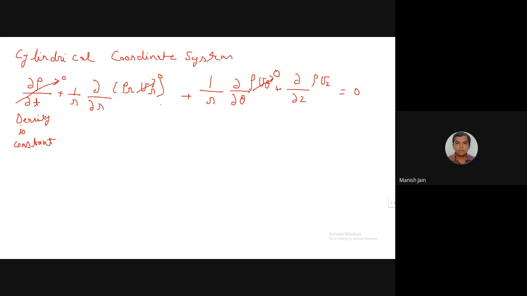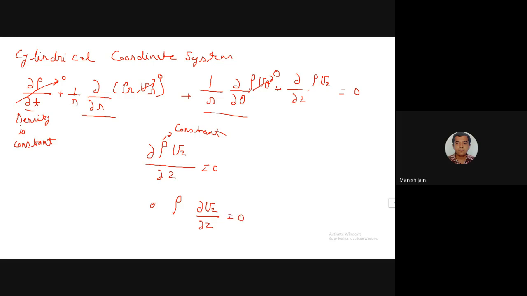So the first three parts of the components of the equation are 0. So you will end up with rho del Vz by del z equal to 0. Okay, now take the rho out because rho is constant. So you will end up with rho multiplied by del Vz by del z equal to 0.